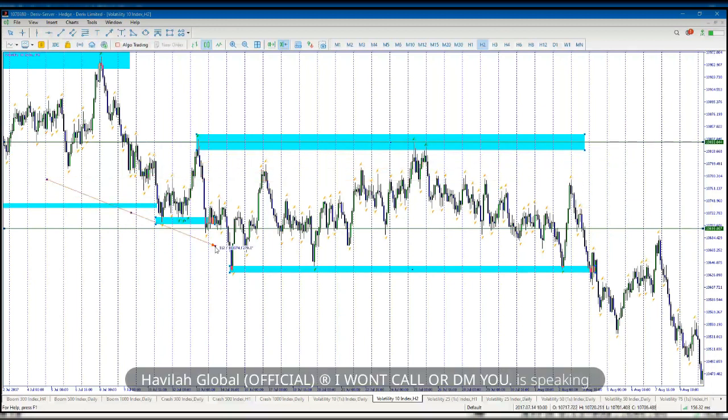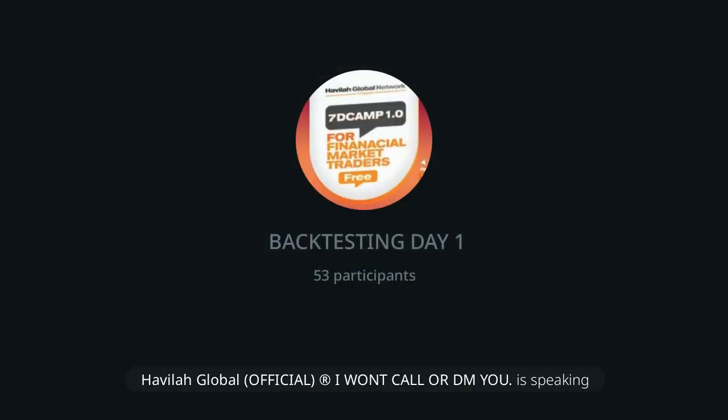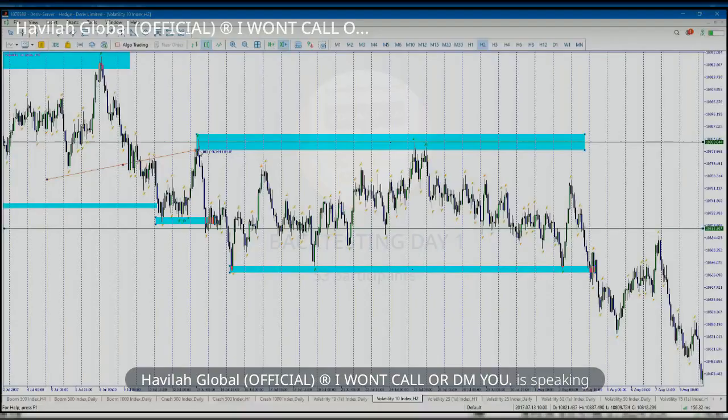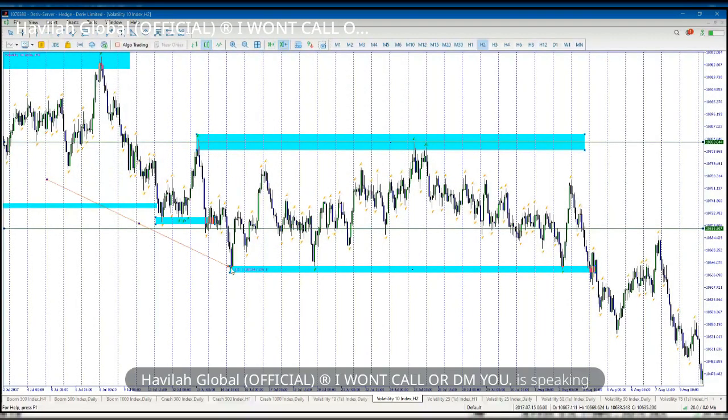But finally, price came to tap that candle and then dive down. So let's say your entry happens to be here and your TP here. Price came back and smashed your TP before any reasonable reversal.